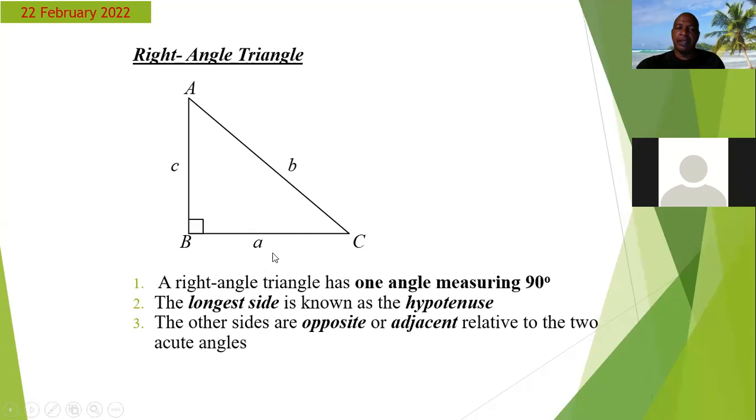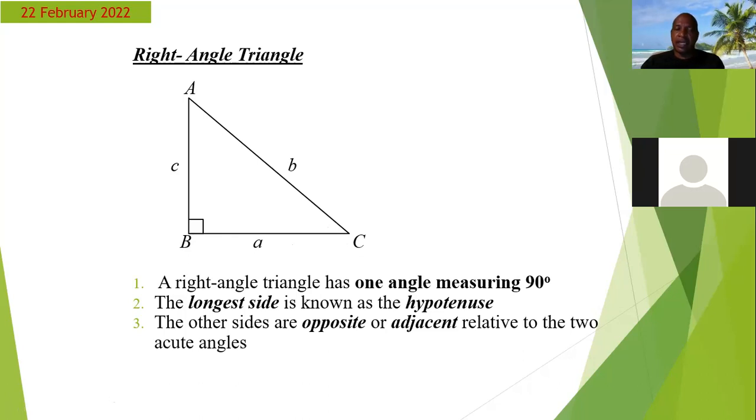All right, now if we are referring to the side A, we can say the side A is opposite to the angle A, or if we want to say the side BC is opposite to the angle A, but the side BC is adjacent to the angle C. All right, so that is something that you have to be familiar with and make sure that you have a good grasp of, because a lot of what we'll be doing with triangles is going to lead into trigonometry.